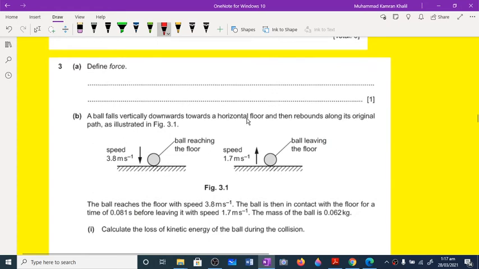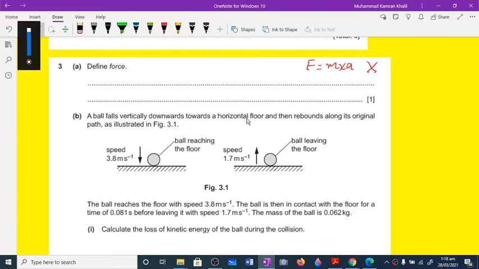Question number 3, define force. Majority of the students have written that force is the product of the mass and acceleration. So this is absolutely wrong. You will get nothing for writing this answer. The correct answer for this question is that force is defined as the rate of change of momentum.